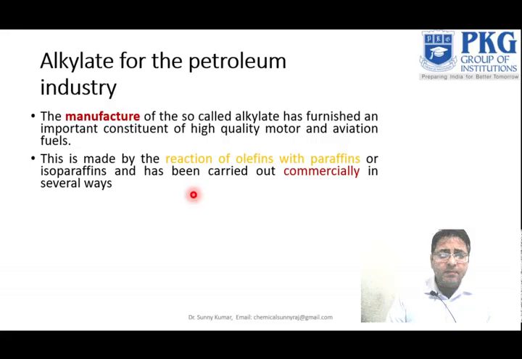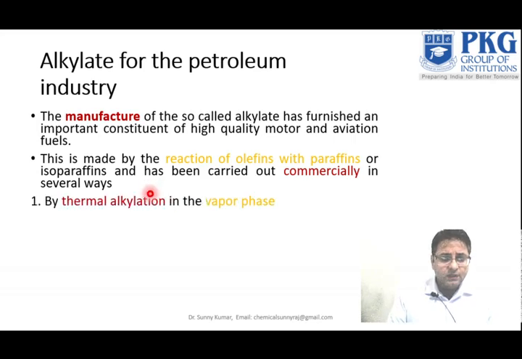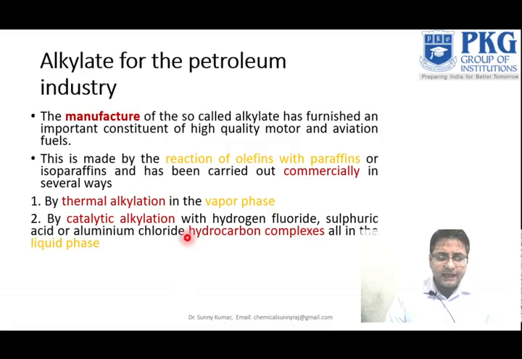This is made by the reaction of olefins and paraffins or isoparaffins and has been carried out commercially in several ways. The first is thermal alkylation in the vapor phase, and the second is catalytic alkylation with hydrogen fluoride and sulfuric acid or aluminum chloride hydrocarbon complexes, all in the liquid phases.